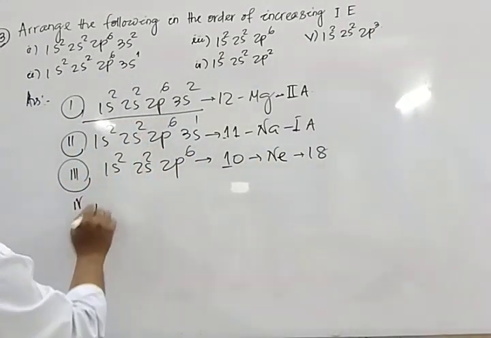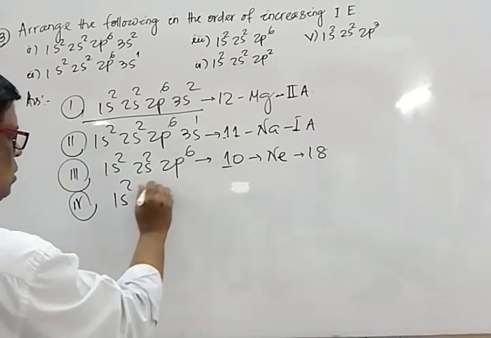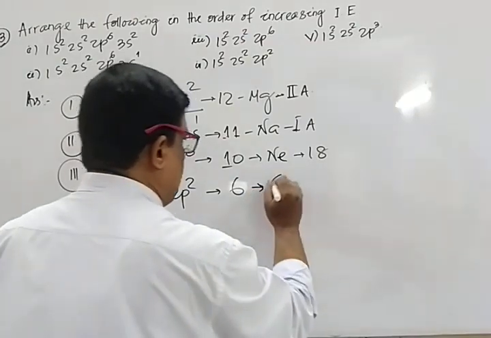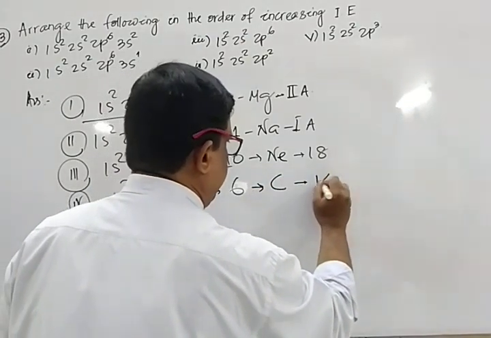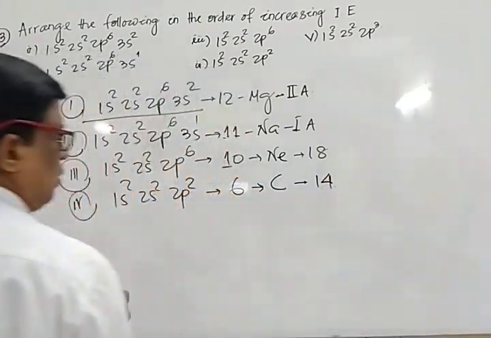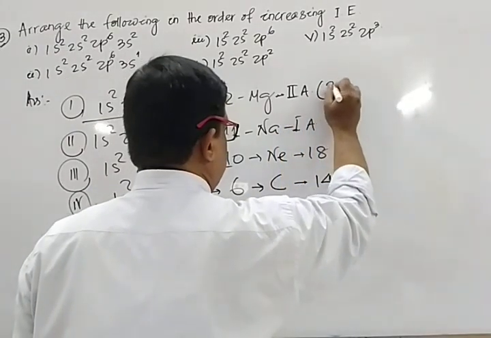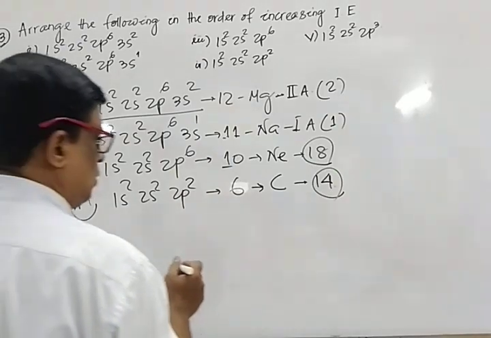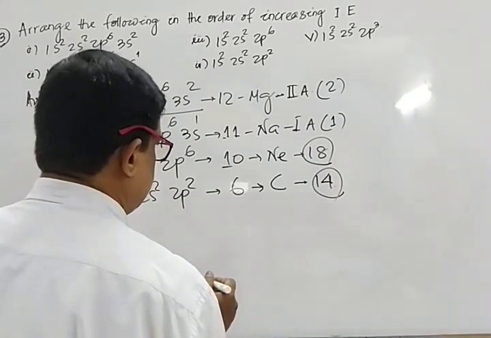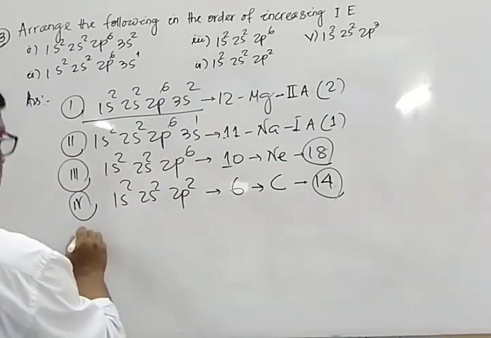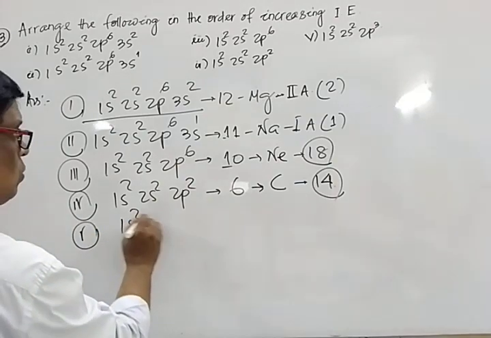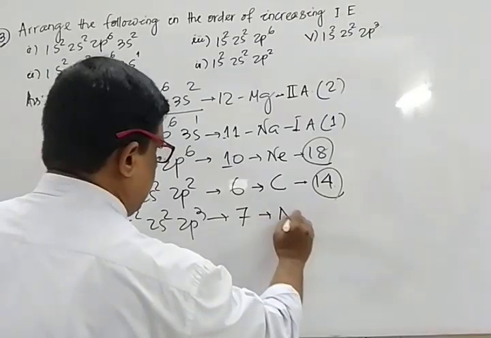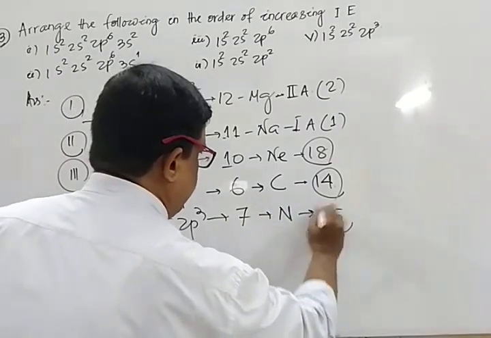Next, 1s2, 2s2, 2p2, that is carbon, group 14. Fifth one: 1s2, 2s2, 2p3, atomic number 7, that is nitrogen, group 15.